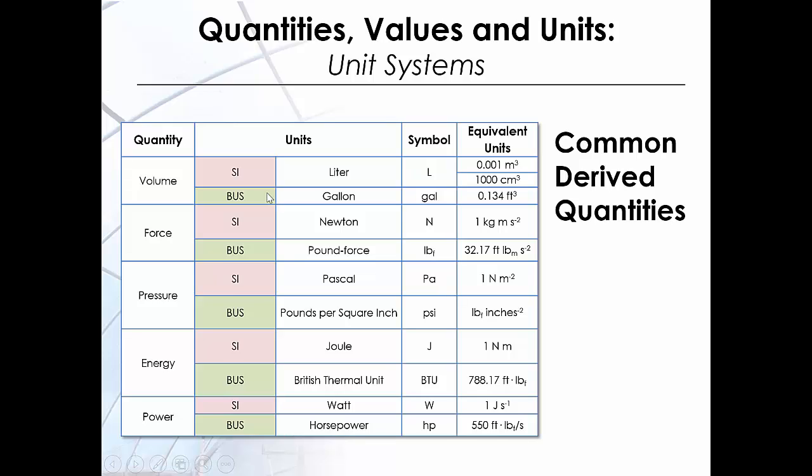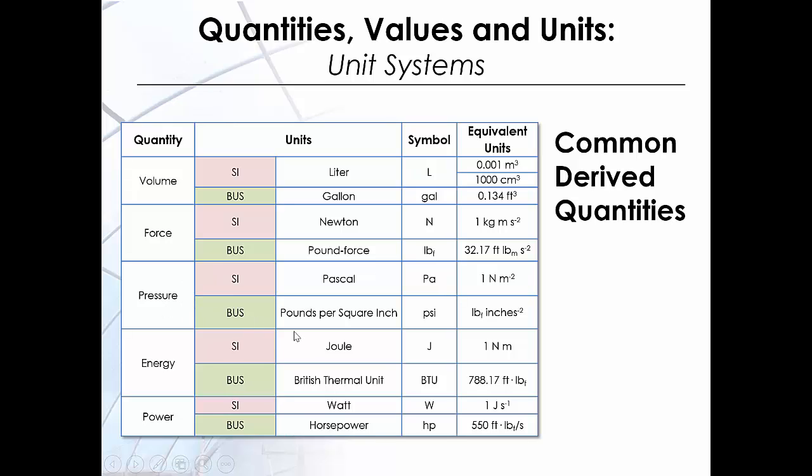As you can see, the liter and gallon are used for volume in the SI and British unit systems. Newton is used for force in the SI unit system, while pound force is used for the British unit system. Pascal is used for pressure in SI, and pounds per square inch in the British unit system.